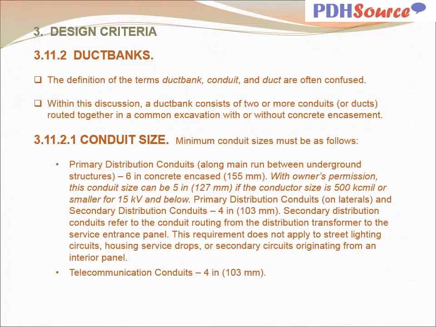Secondary distribution conduits refer to the conduit routing from the distribution transformer to the service entrance panel. This requirement does not apply to street lighting circuits, housing service drops, or secondary circuits originating from an interior panel. Telecommunication conduits, 4-inch.